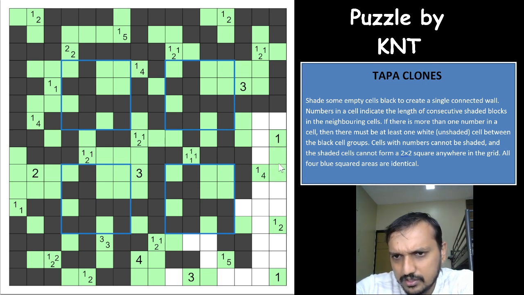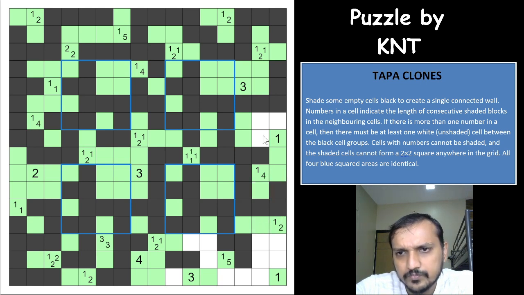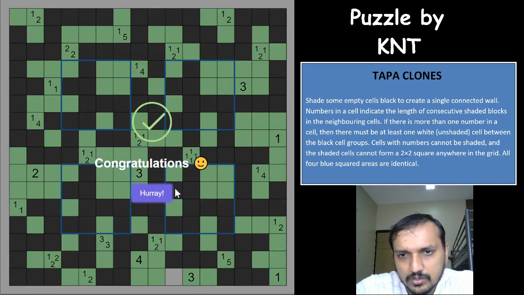This is unshaded. So the only way for 1/4 to work is this is shaded and this is shaded. It has to come out using this way. This is done. This is unshaded, so this is shaded. This is shaded. Amazing.